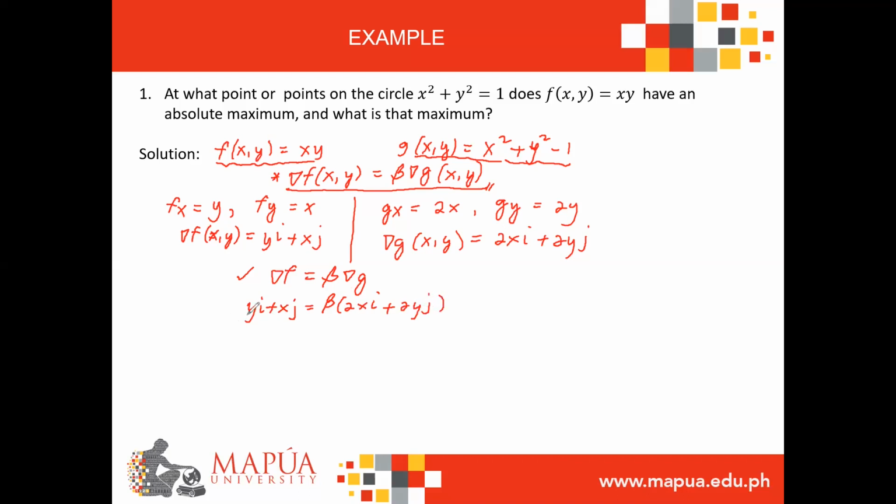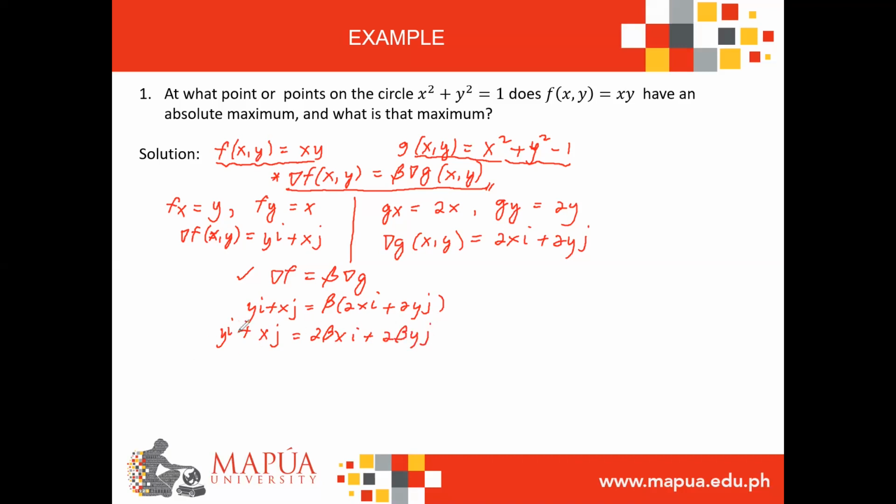Let us expand this. We now have yi plus xj is equal to 2 beta xi plus 2 beta yj.